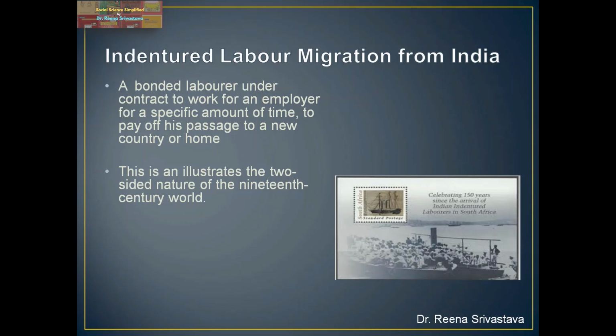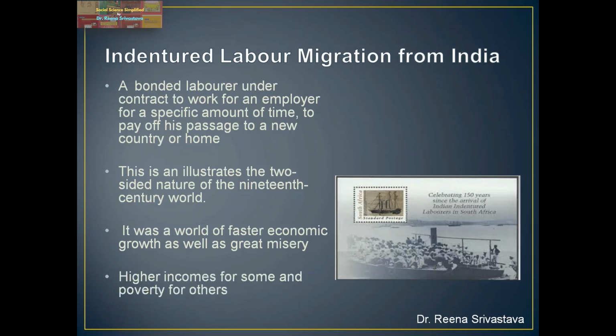When globalization was going on, when Europeans were conquering Africa and Asia, although it led to the creation of a global world and global economy, it was beneficial for some sections of people, but for other sections, it was not beneficial. It was painful for them also. So basically at that time, there was faster economic growth all around the world, but it was bringing disadvantages to some sections of people, and indentured labor is one example here.